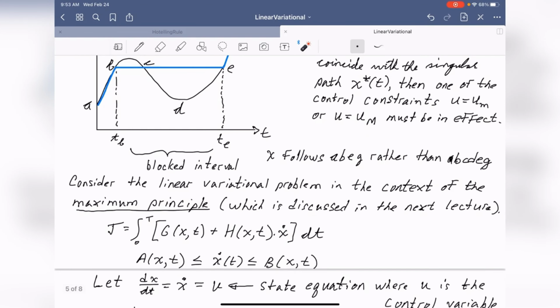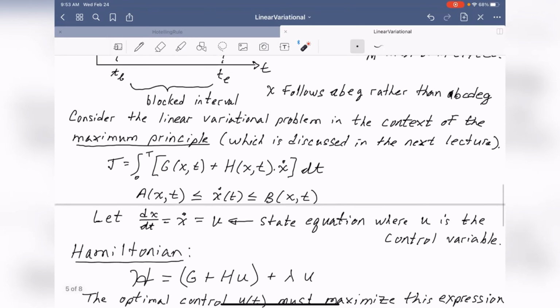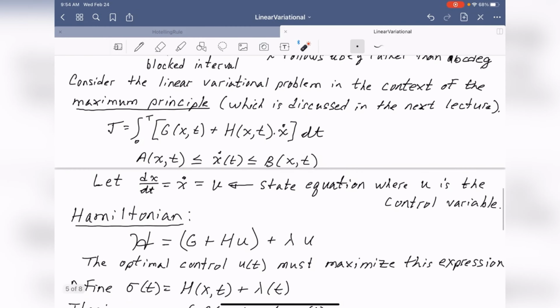Now consider the linear variational problem in the context of the maximum principle. Now, we haven't talked about the maximum principle yet, but we're going to discuss it in the next lecture. But then in the context of economics.